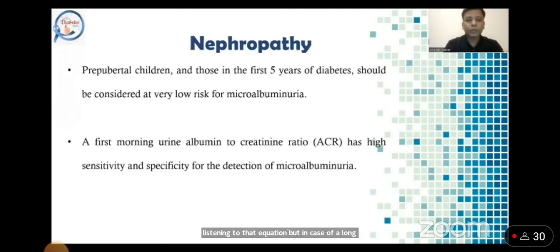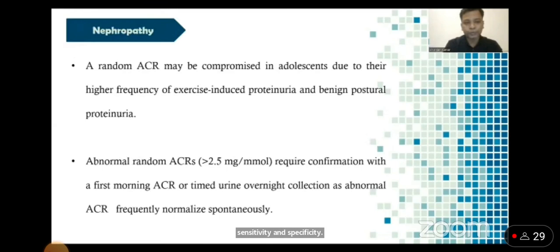Now coming to nephropathy, pre-pubertal children and those in the first 5 years of diabetes should be considered at very low risk of microalbuminuria, which is the main sign of nephropathy. A first morning urine albumin to creatinine ratio, that is ACR, has high sensitivity and specificity for the detection of microalbuminuria.